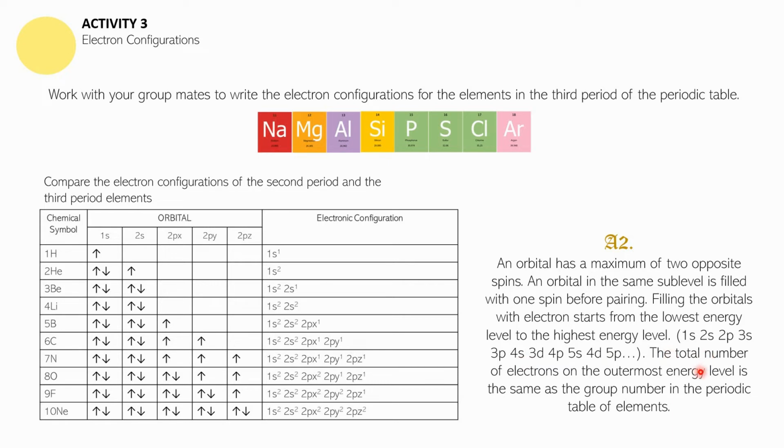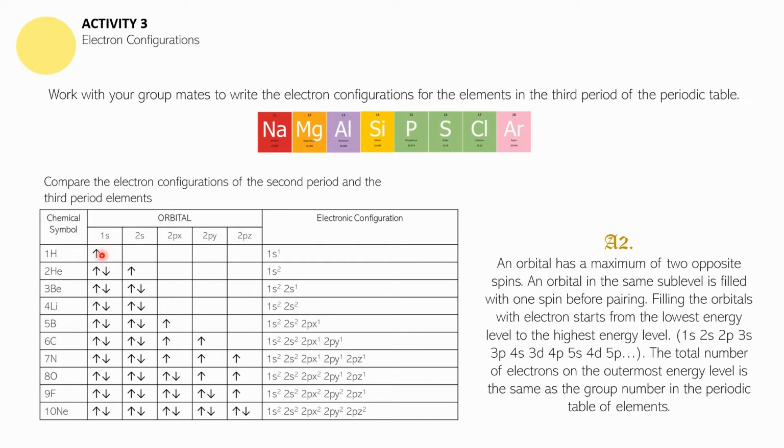The total number of electrons on the outermost energy level is the same as the group number in the periodic table of elements. Take note of that. The total number of electrons in the outermost energy level. Okay, for example, in the case of hydrogen, the outermost energy level is 1s.